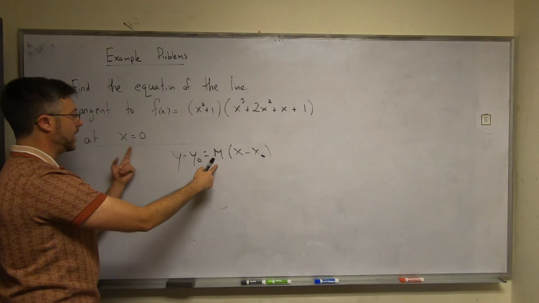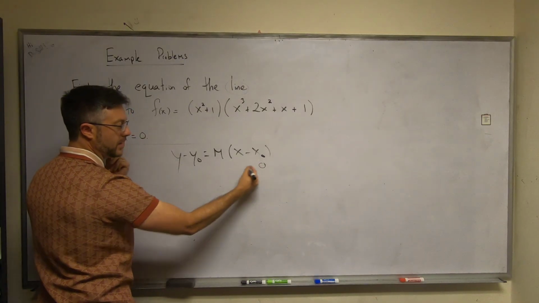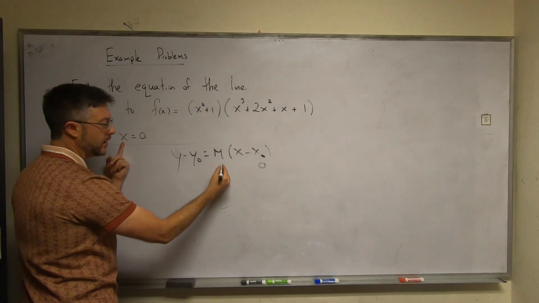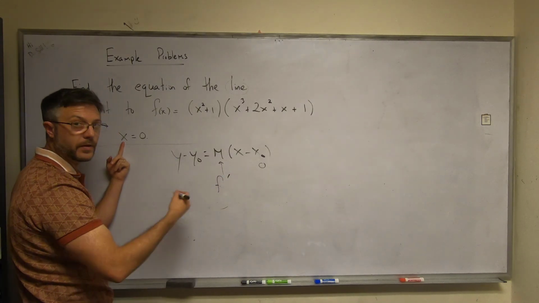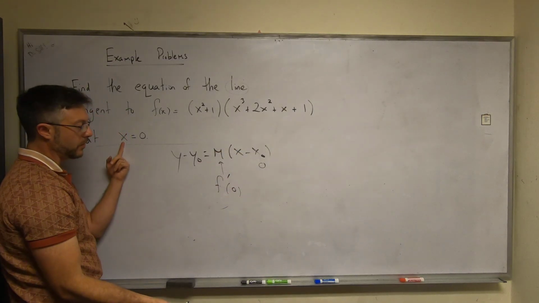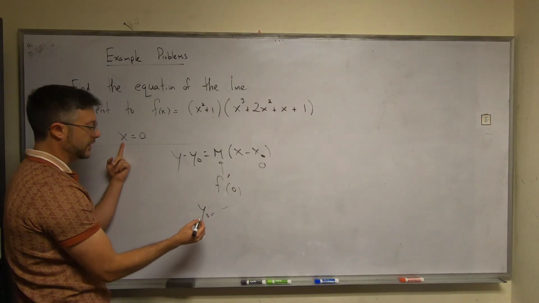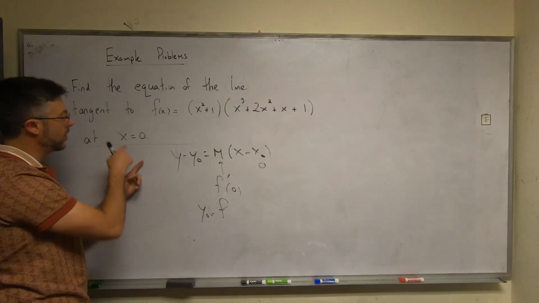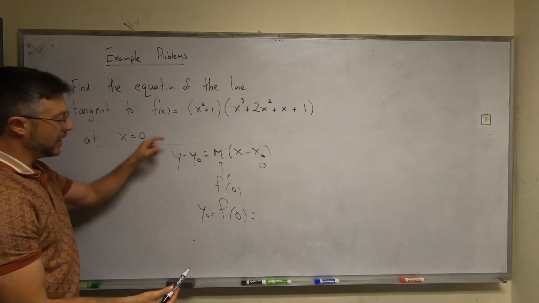So here, x naught is given, is the value 0. So x minus 0 just returns x. The value for m has to be, we take the first derivative after we get it as a function, then we plug in 0, the given x point, and the y value, y naught, is acquired by substitution of x naught into the function. So notice here, this isn't too bad to do.